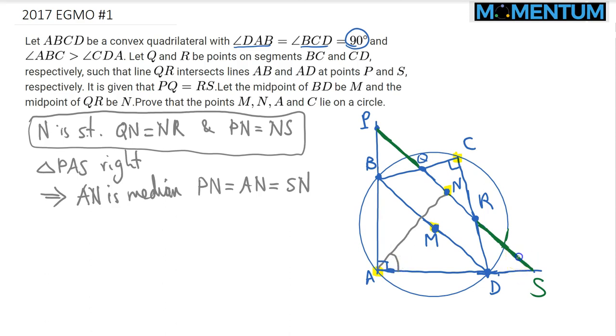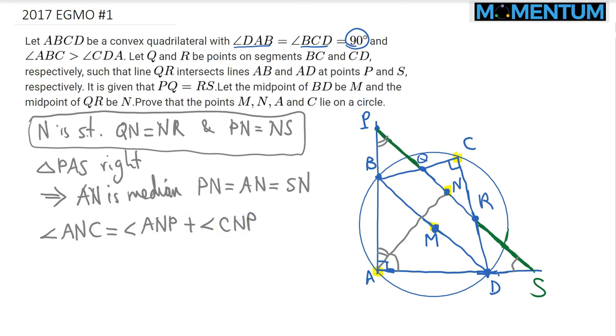So we can mark these angles. These two angles are equal, and those two angles, so I can put double, are also congruent. Now to finish the problem, I will just compute angle ANC, which is just a combination of angle ANP plus angle CNP.